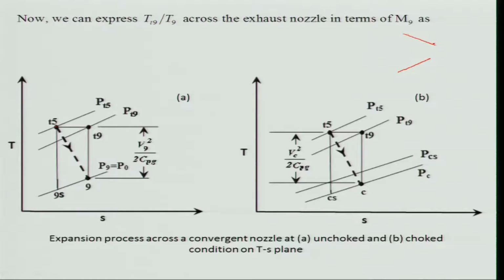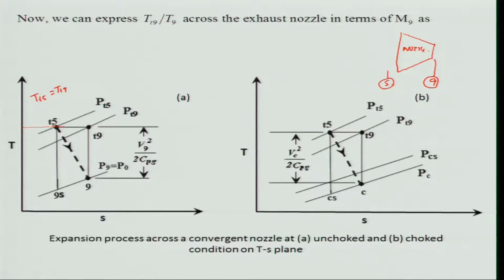We are considering a convergent nozzle only. This you can call 5, this is 9. This is your nozzle. Now in this case T T 5 is equal to T T 9, because it is an adiabatic process.